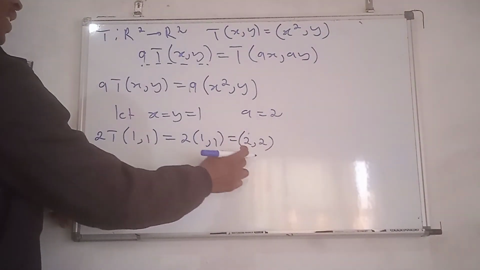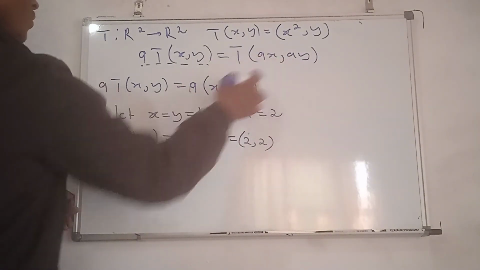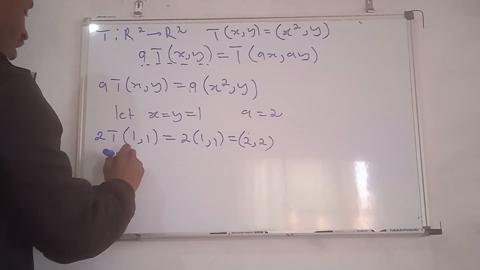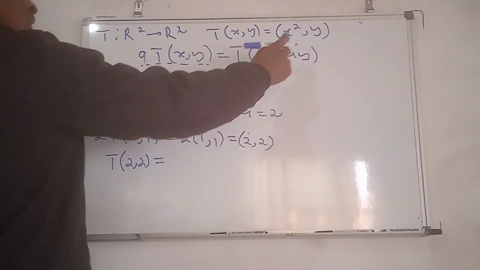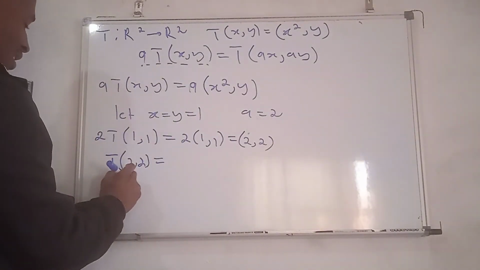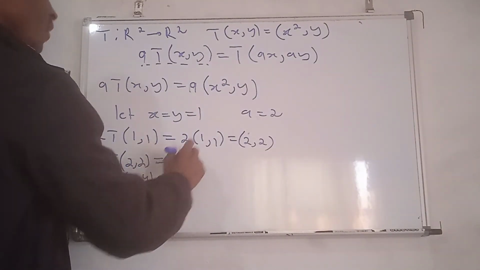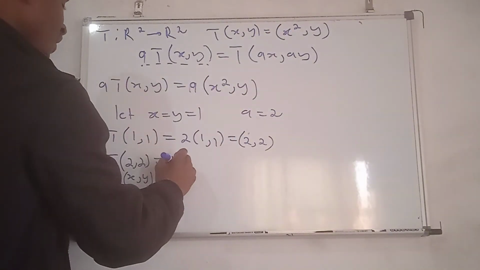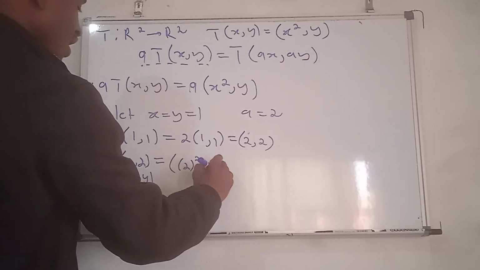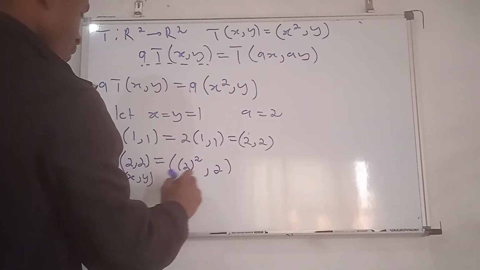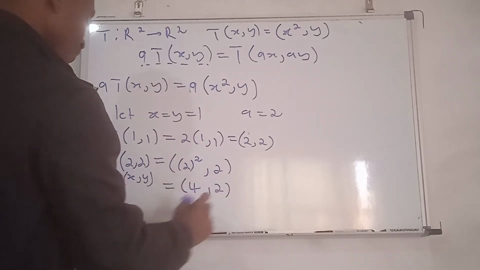So it will be T(2, 2), which will be equal to this one. This is x and that one is y. Since we're having 2, I can just put squared, and then here is just 2, which will be the same as (4, 2).